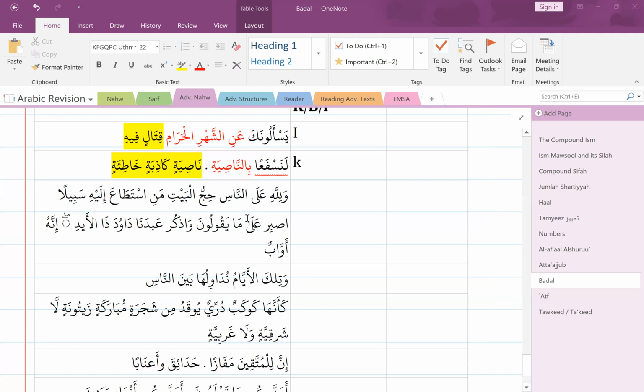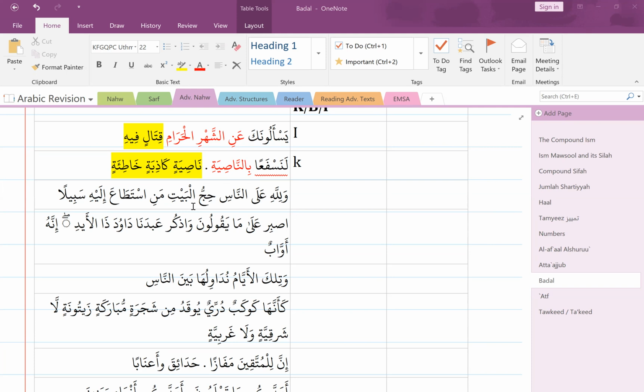So this is going to be a tricky one, so you need some brain juices. Probably try to translate it so that you can get the meaning, and the meaning will guide you into what the badal or the mubdal minhu is. And for Allah, to the people, Hajjul Bayt.